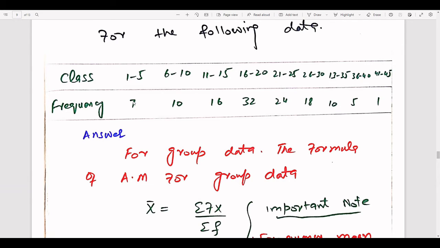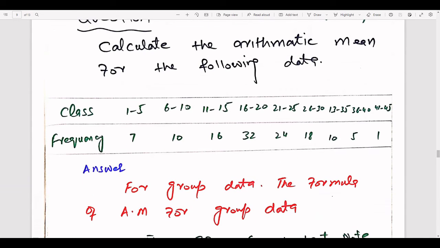Here there are 7 candidates or 7 members in this class. 6 to 10 has 10 members, its frequency is 10. 11 to 15, its frequency is 16, and so on. 41 to 45, its frequency is 1 because there is one member in the 41 to 45 class.